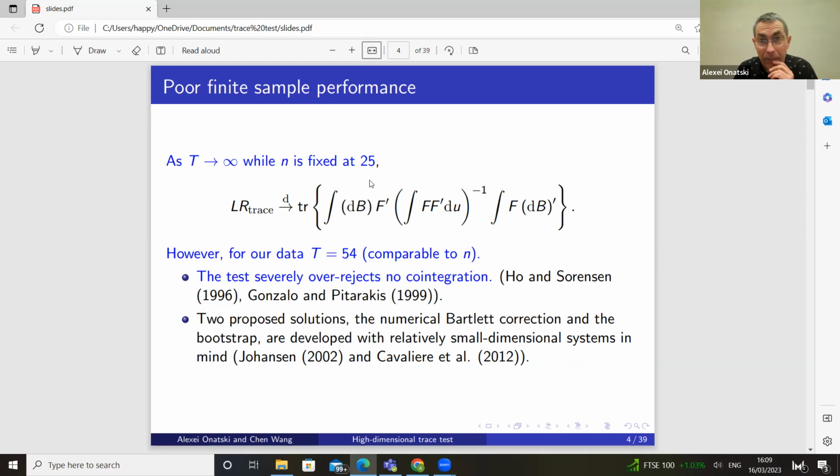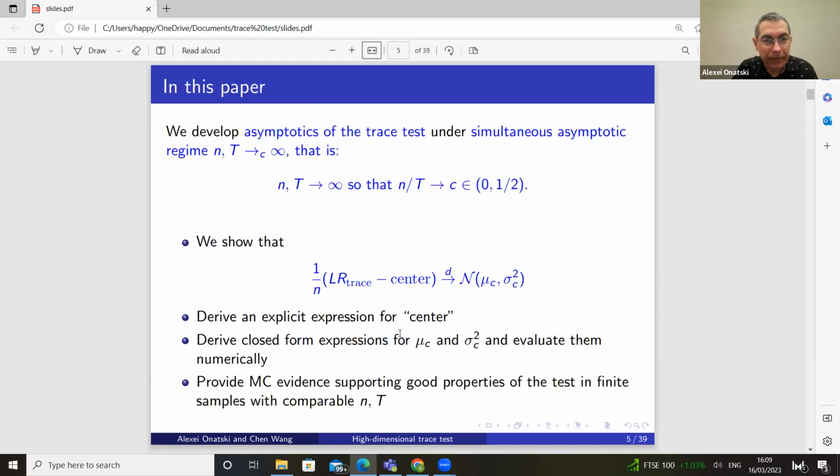Another solution is bootstrap, but bootstrap in this kind of situation was only made with relatively small dimensional systems in mind. So this probably will not work for n equal to 25.